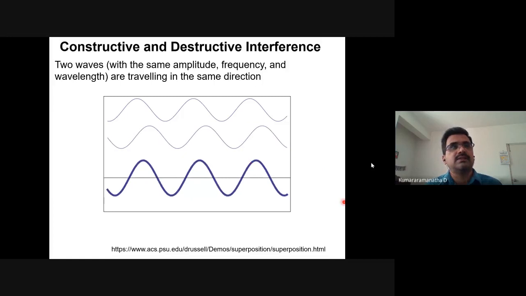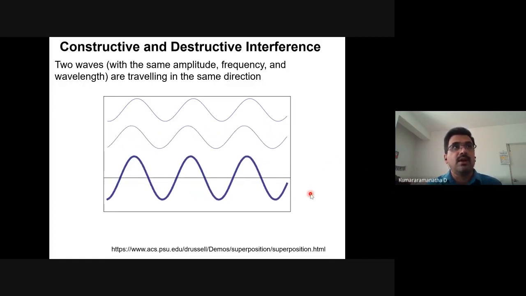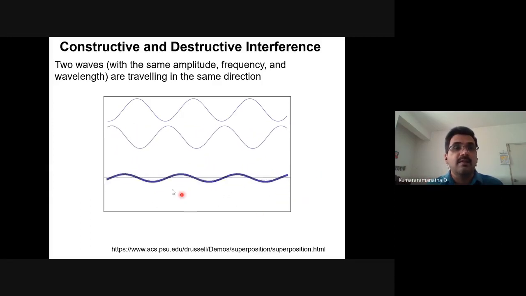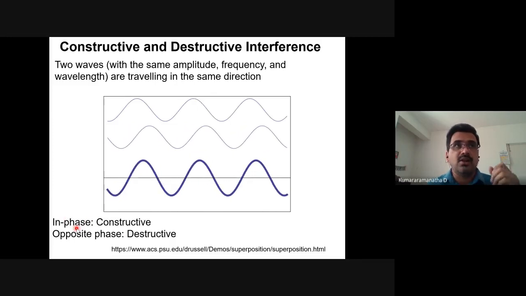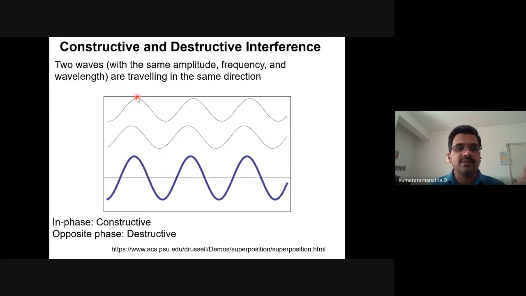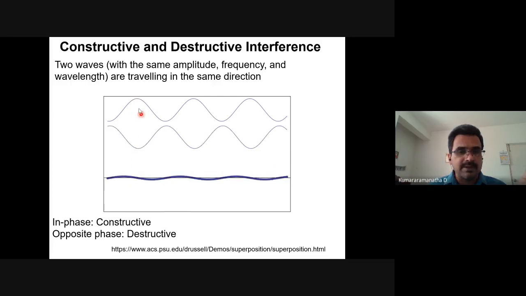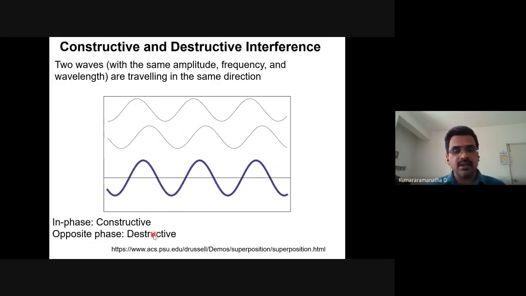How these waves travel, and what happens to the amplitude and frequency, all those aspects are considered when they are traveling in the same direction. When both waves are in phase, you get constructive interference. When out of phase, plus and minus, you get destructive interference.